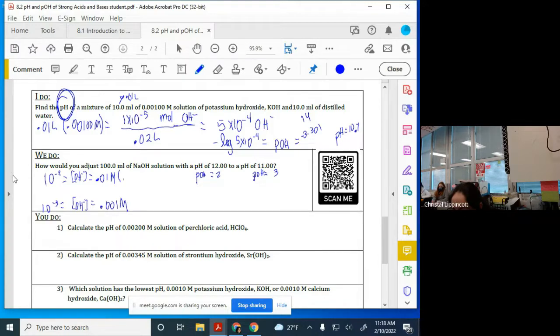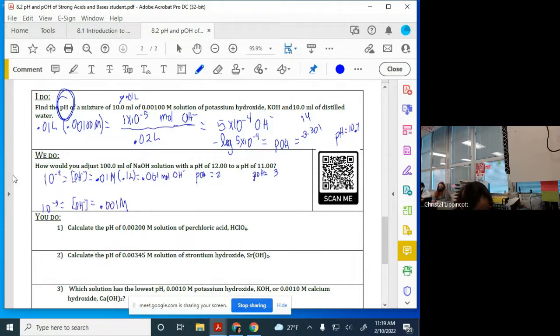So if I multiply this by 0.1 liters, that's going to tell me how many moles of OH I have present. So that's going to end up being 0.001 moles of OH in there.